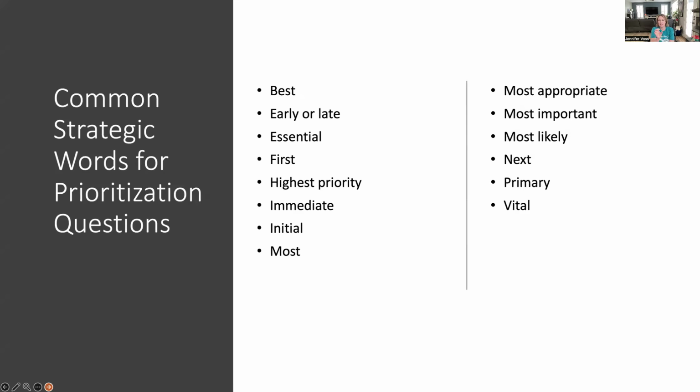One of the things we're probably going to see a lot is words like initial and best, and you'll also see these prioritization questions written with positive polarity.